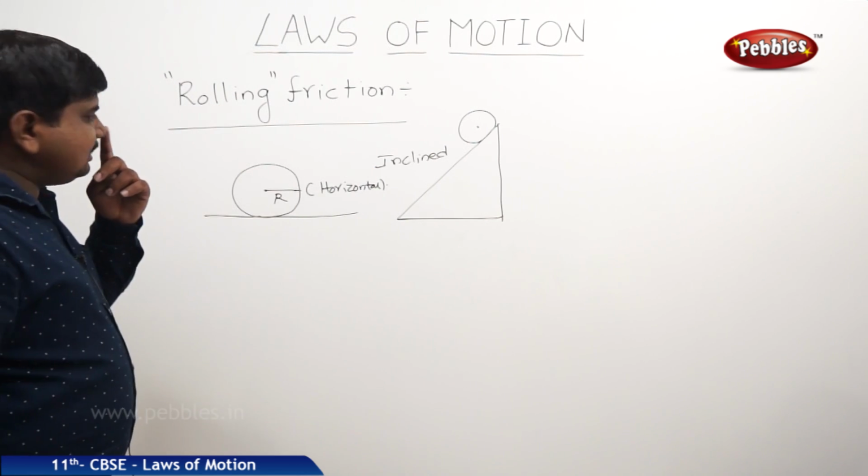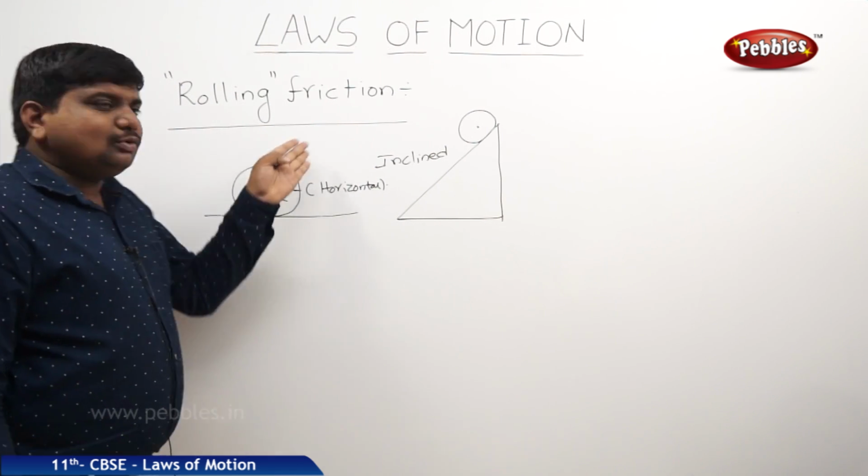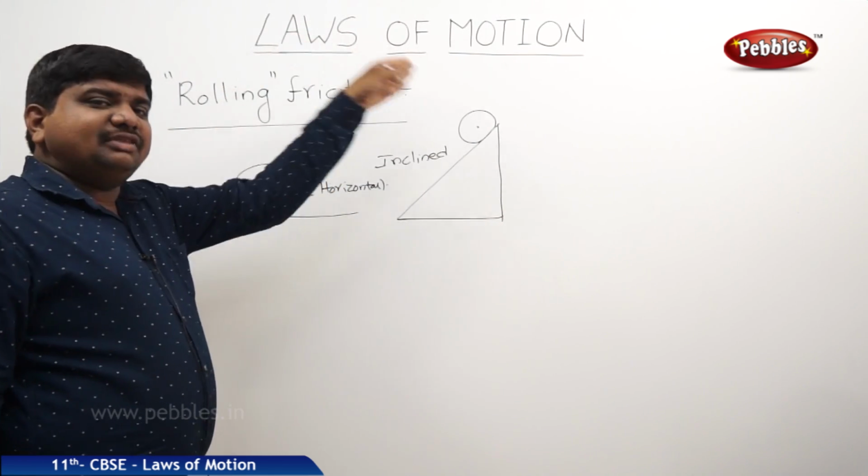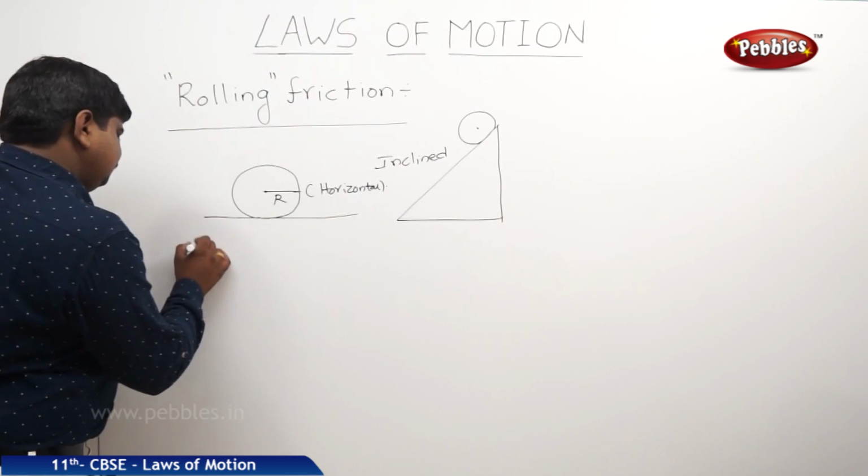So what we can understand is that rolling friction is also one of the frictions which comes into play to oppose the rolling of bodies on a surface.